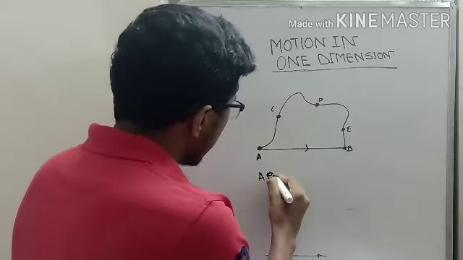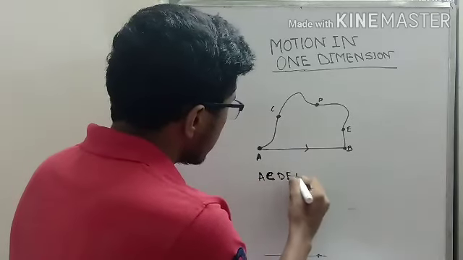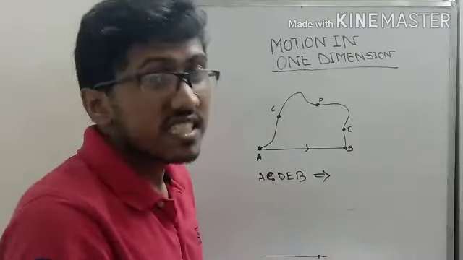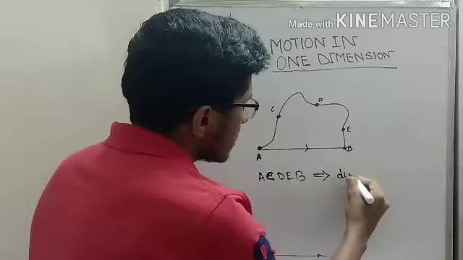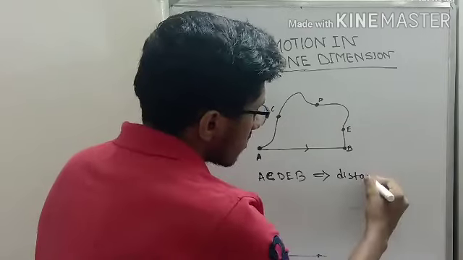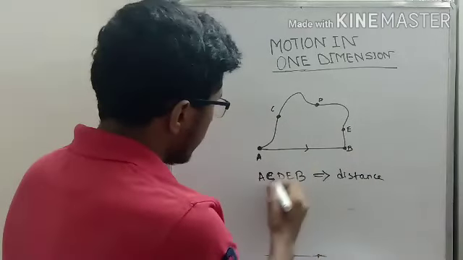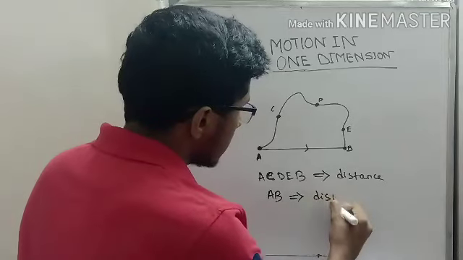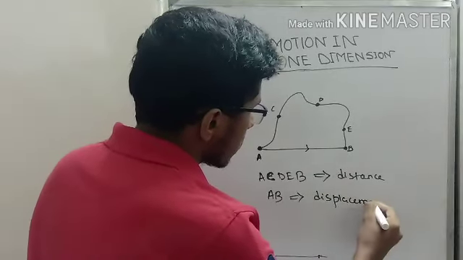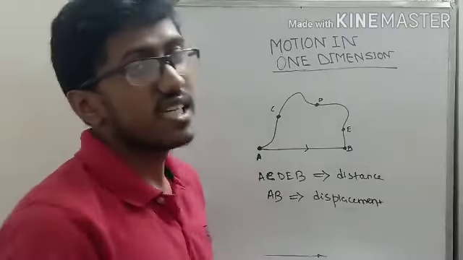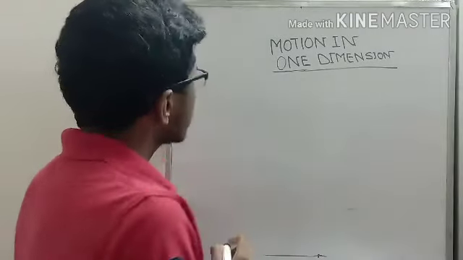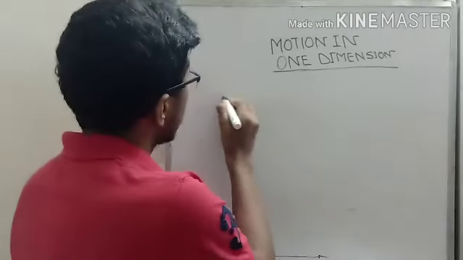A, C, D, E, B is the distance, which is a scalar quantity, and AB is the displacement, which is a vector quantity.